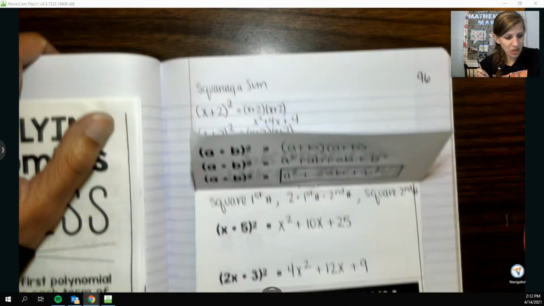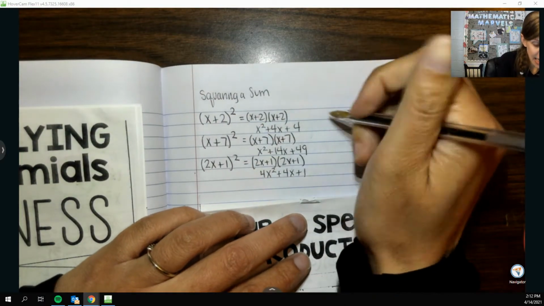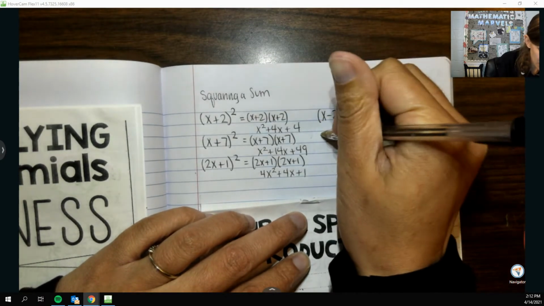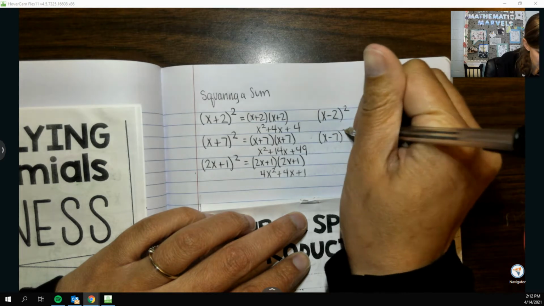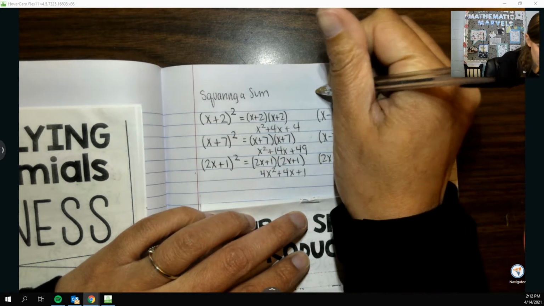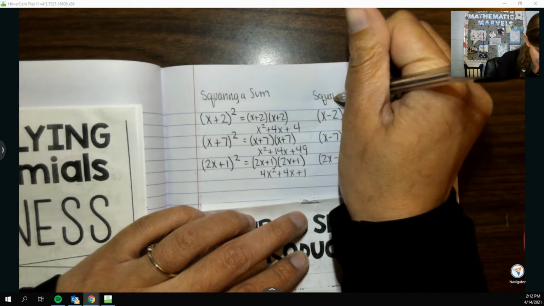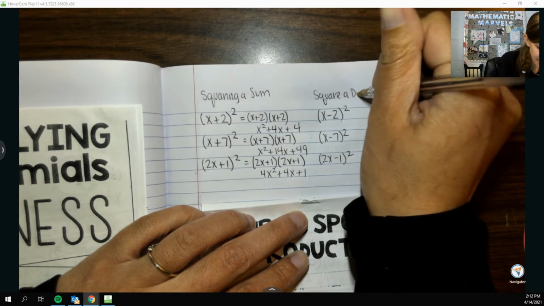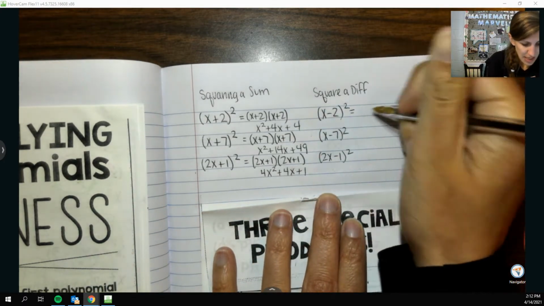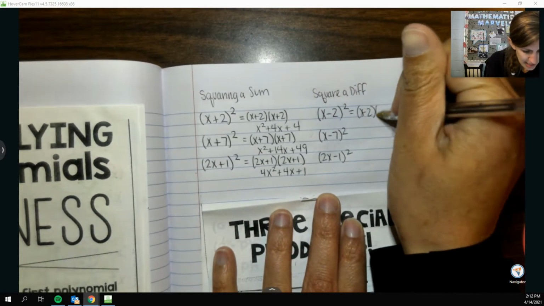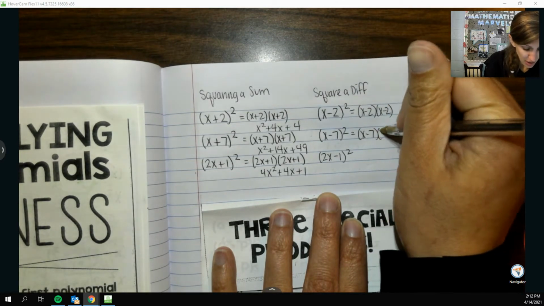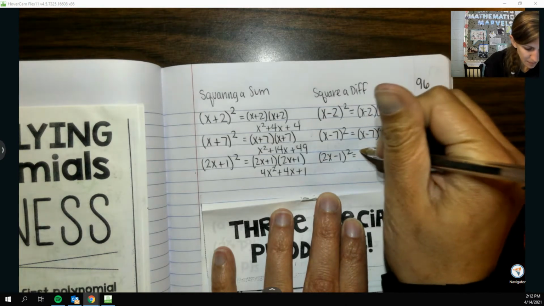Now, one that's very similar to that is instead of adding, maybe I just subtract. Like x minus 2 squared or x minus 7 squared, or 2x minus 1 squared. So squaring a difference, or a subtraction. Same idea, I would need to write it twice and then do FOIL or the box or whatever.